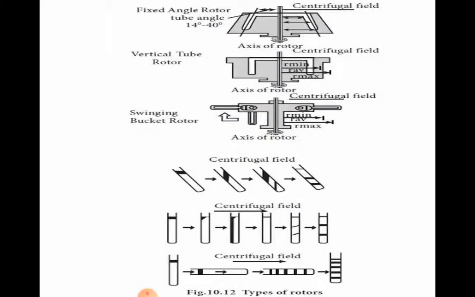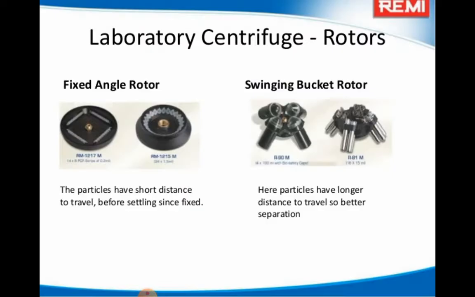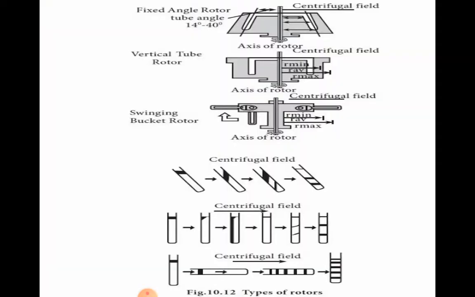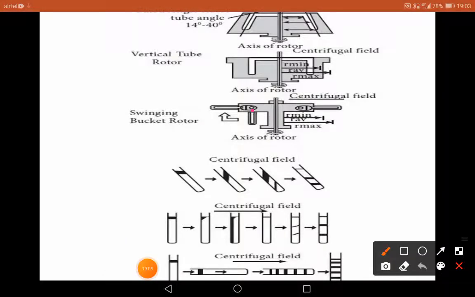Again, this is how it is in a centrifuge. So this is a rotor, and you have rotors attached. So this is a fixed angle. Here there is no rotation, and in swinging bucket it will be like this initially. It can rotate. This is what I was telling. Initially it was like this. Now when it is in motion, when it is rotating, it can swing up till here.